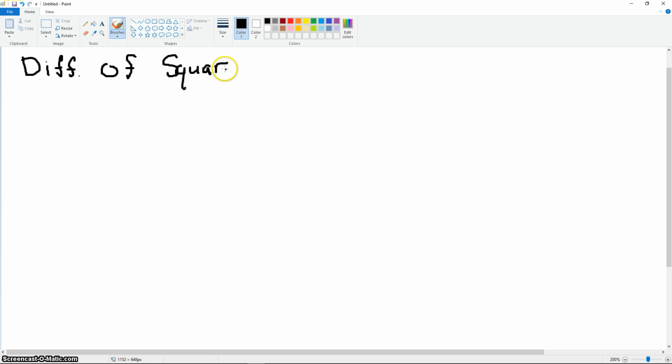I'm going to show you with letters first, and then I'm going to do an example. So a difference of squares is something like this. Let's say you have two binomials, one that reads as a plus b, and the other one that reads a minus b.